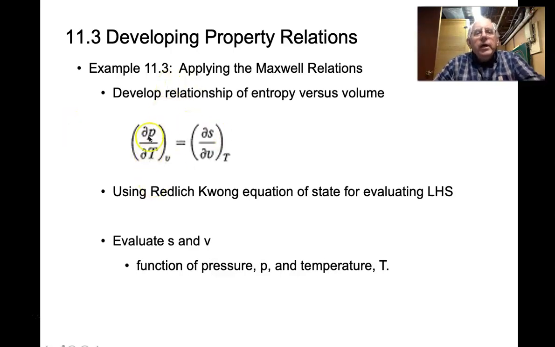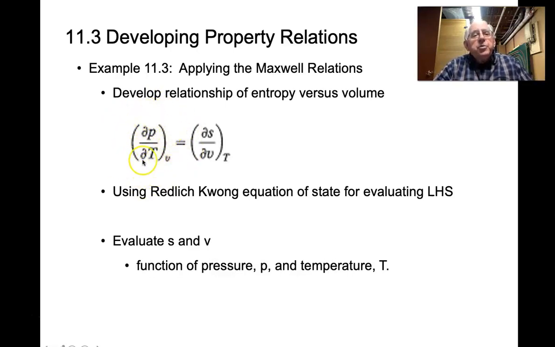what we know is that pressure and temperature are not independent of each other. And so this particular partial derivative with respect to specific volume becomes the total derivative, or the change of pressure with respect to temperature during the saturation process.